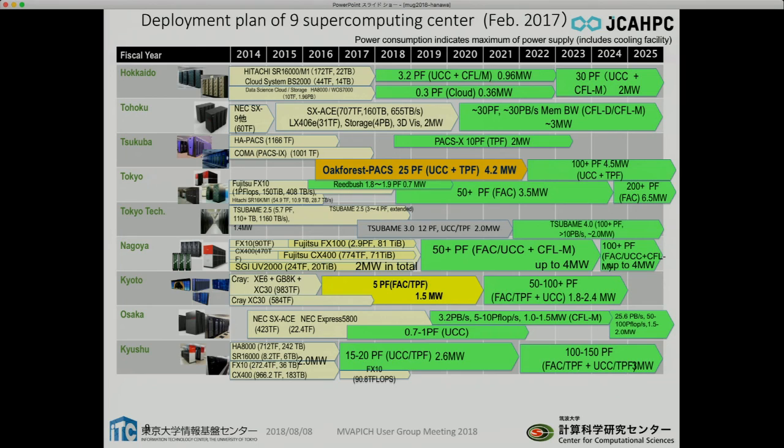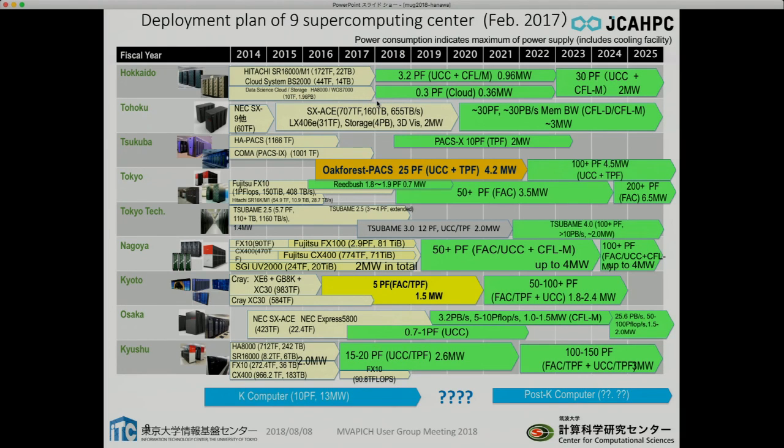This chart shows the deployment plan of the 9 supercomputing centers in Japan. This chart is relatively old, but currently, in 2018, our system, the Oakforest-PACS system, is the biggest one among the Japanese supercomputer centers at national universities.